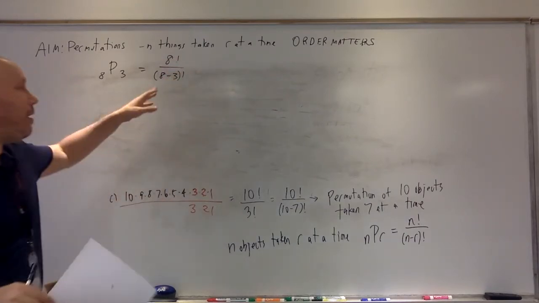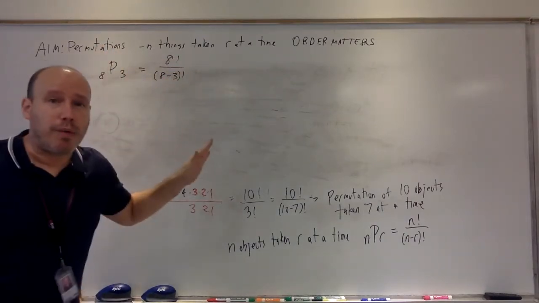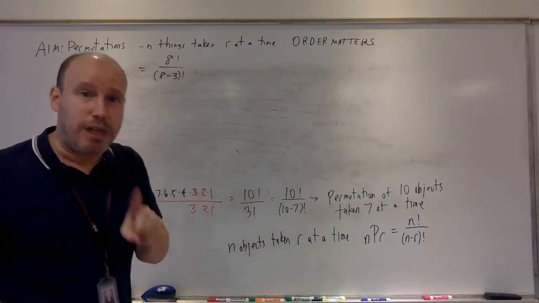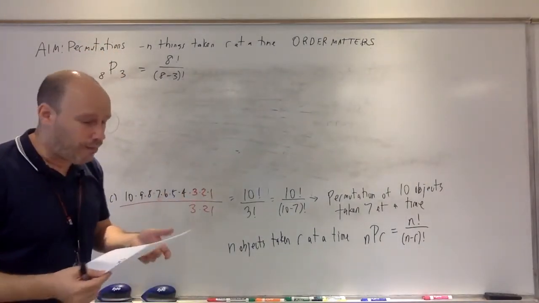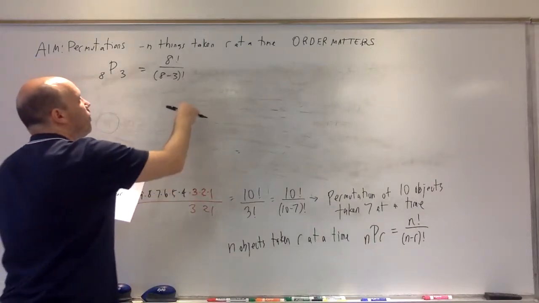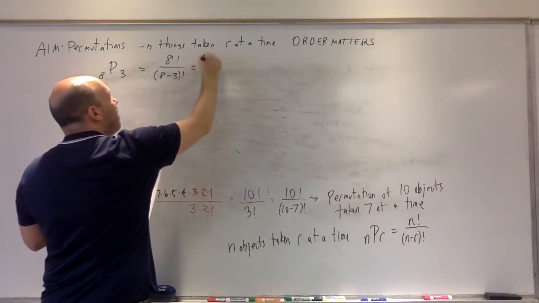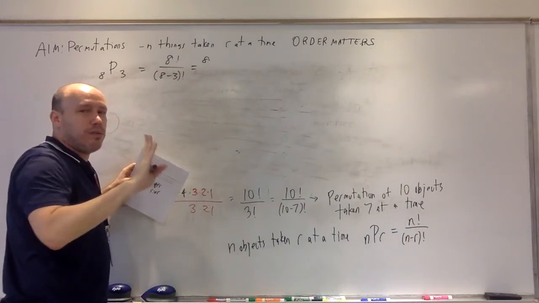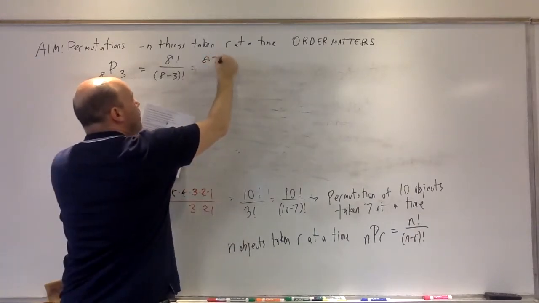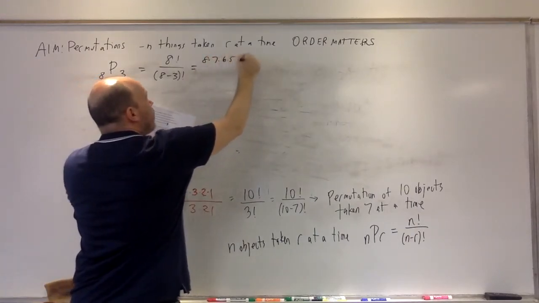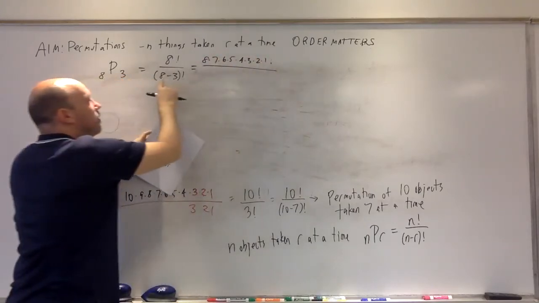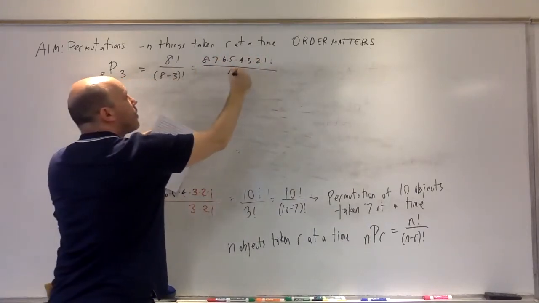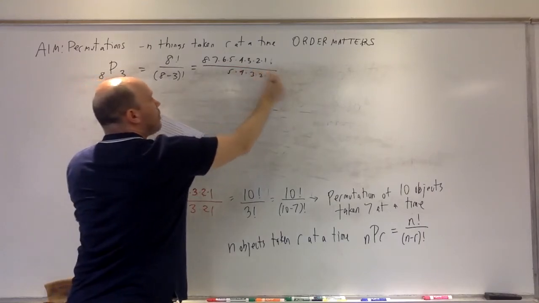Now, obviously, it's going to be a calculated problem. So I want you to figure out in your GDC how to use the factorial. We can do it old school if you want to, I'll do it old school. So it's 8 times 7 times 6 times 5 times 4 times 3 times 2 times 1 over, this is 8 minus 3, so it's 5 times 4 times 3 times 2 times 1.